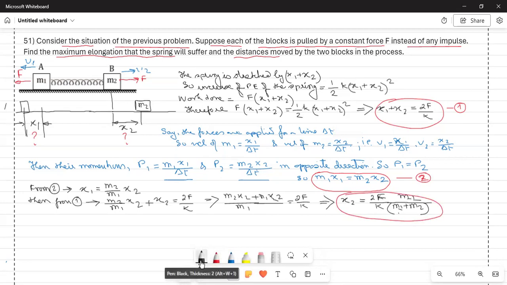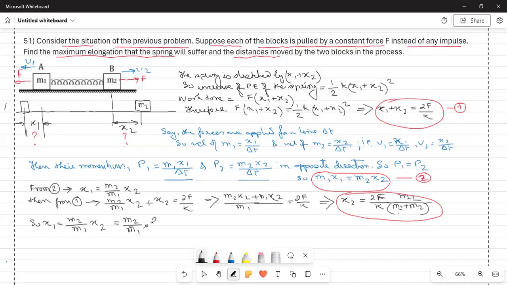So obviously we can now find the value of x1. We have already found x1 equal to m2 upon m1 x2.